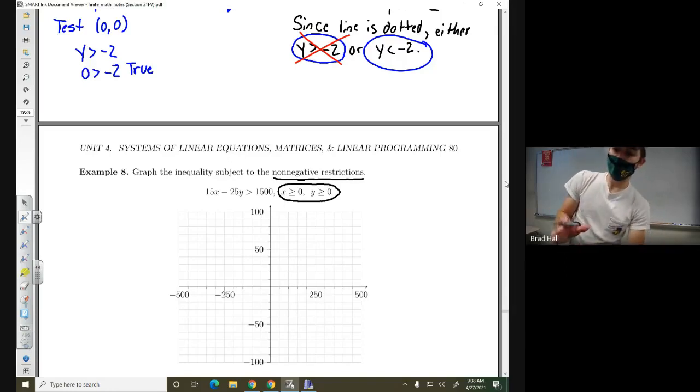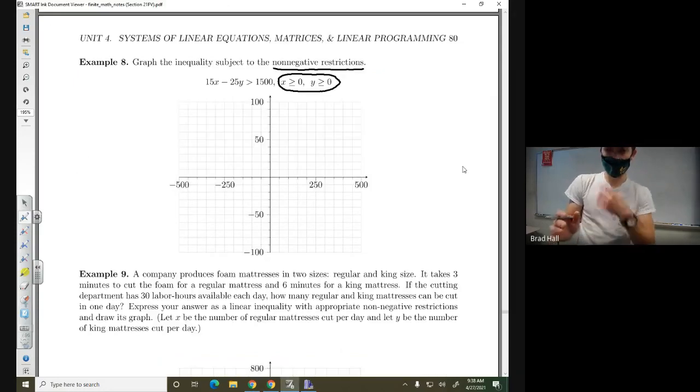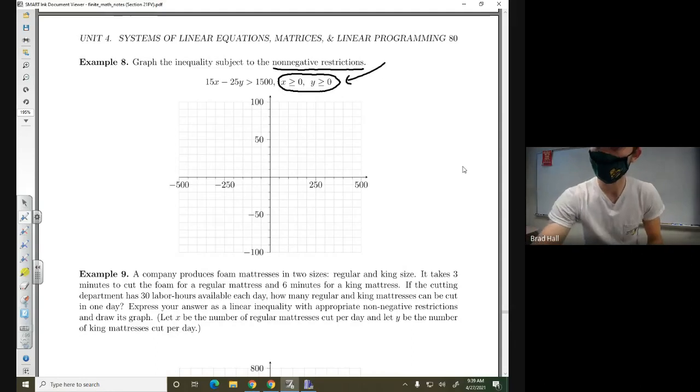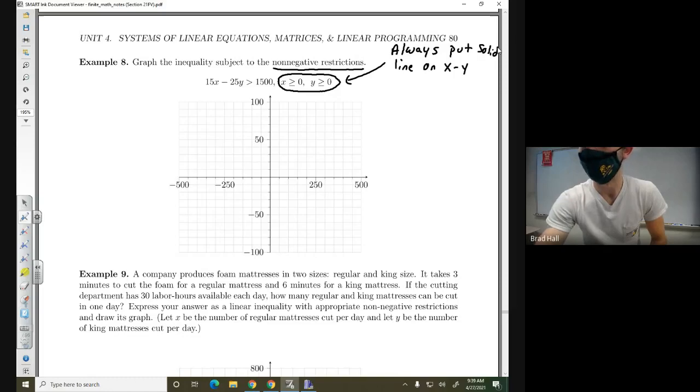But what we do with non-negative restrictions every time, as soon as you see these in a problem, that means you always need to put a solid line on the x-axis and the y-axis. Always put solid line on x, y-axes.